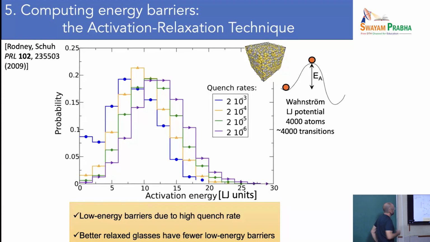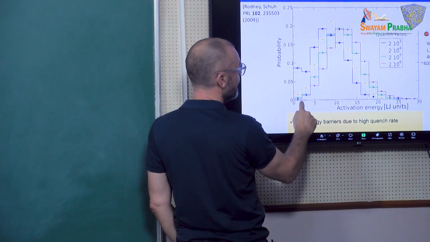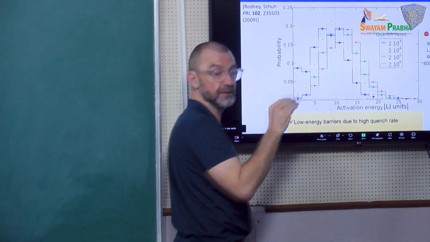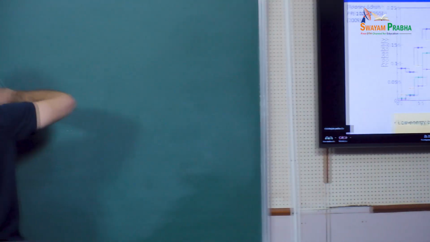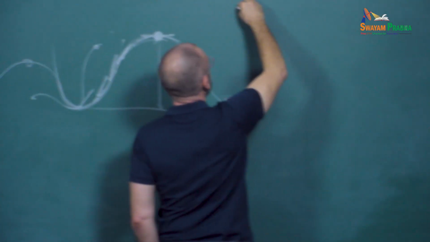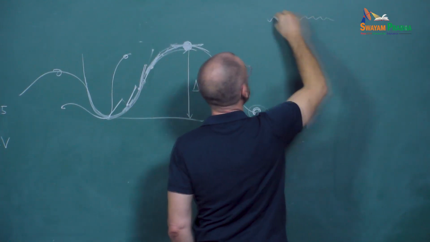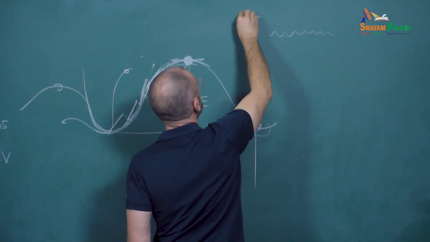And so what you see, the most important part is here. When you quench a glass very rapidly, there are many saddles with a very low activation barrier. So if I draw the usual picture of glasses, I have a liquid at very high temperature, so this would be the energy.